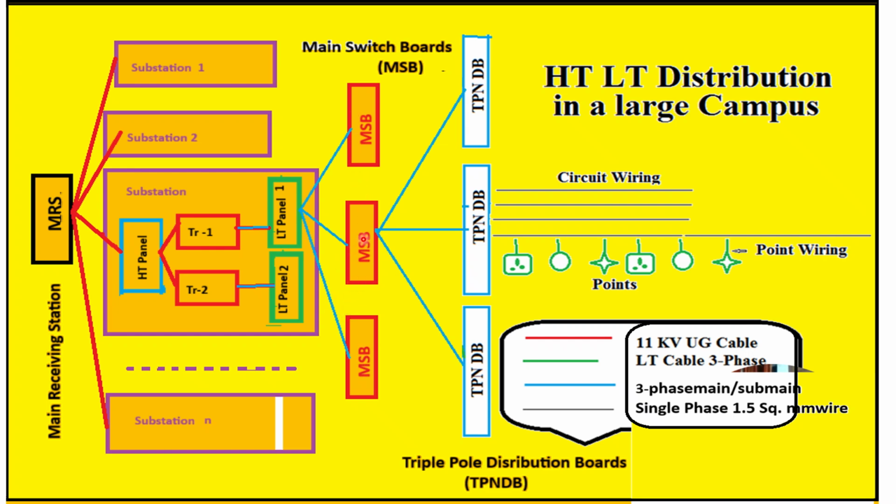These main distribution boards are fed through the medium voltage panel, and these are getting electric supply through 11 kV or 33 kV, and each substation gets supply from the main receiving station, which may be 33, 66 or 132 kV, and in a campus there may be several substations. In the modern distribution system, we provide one substation for one individual building.